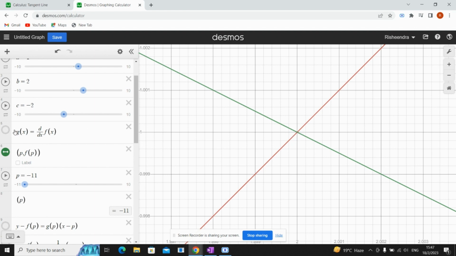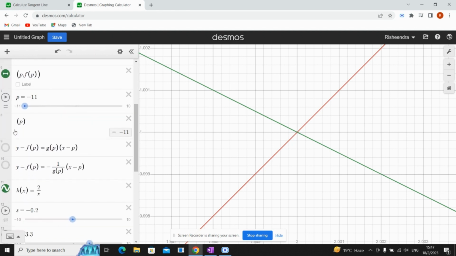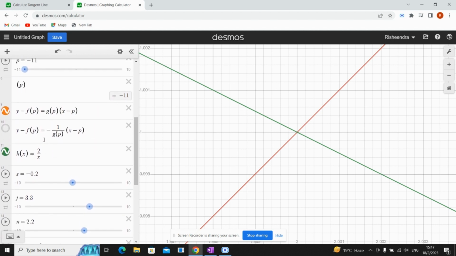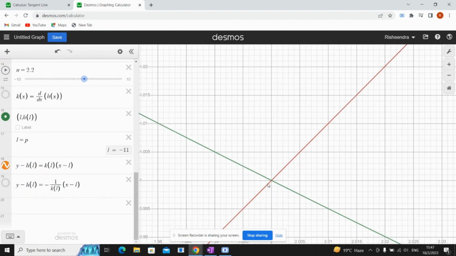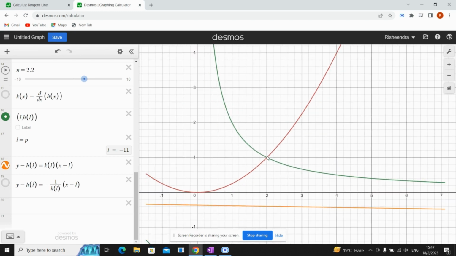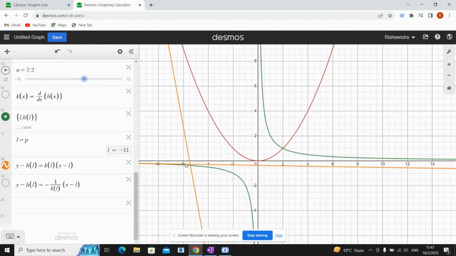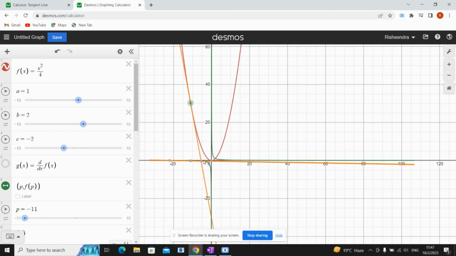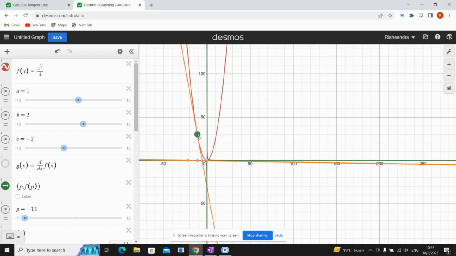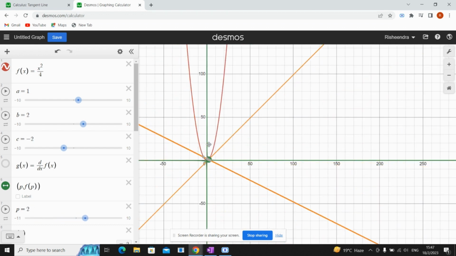So let's draw tangents. Okay, let's get our tangent equation ready. See, I got a tangent here and another tangent, the yellow line. Let's move the point P. Here is our point P, right?